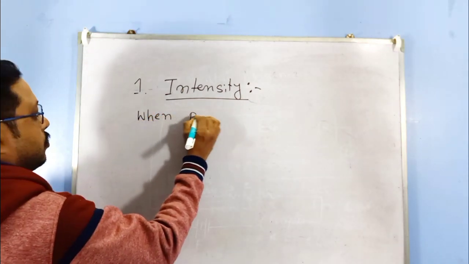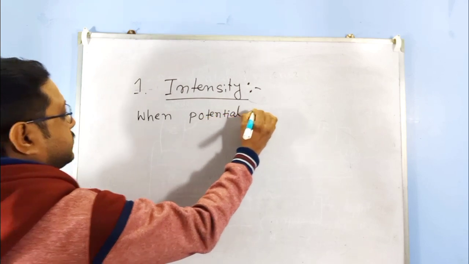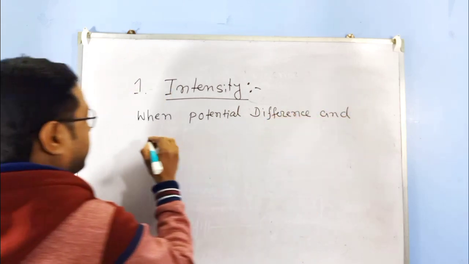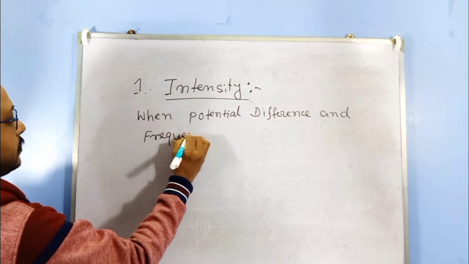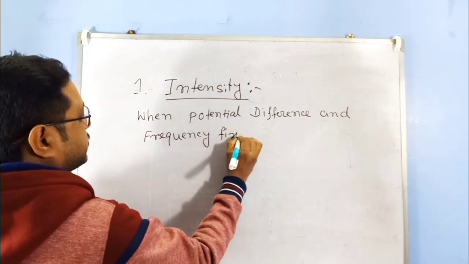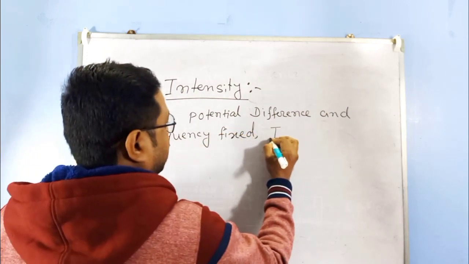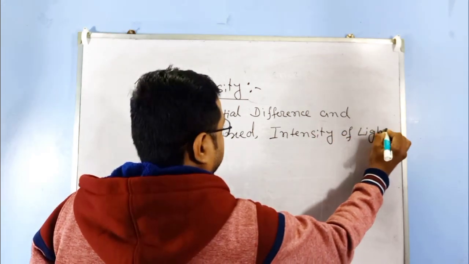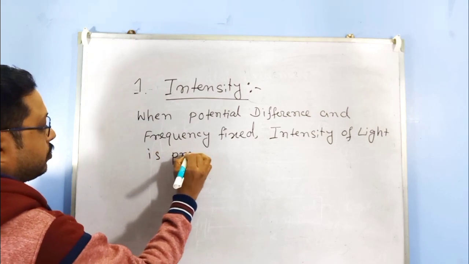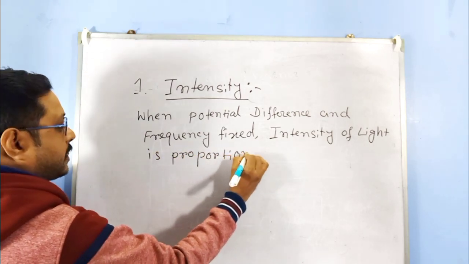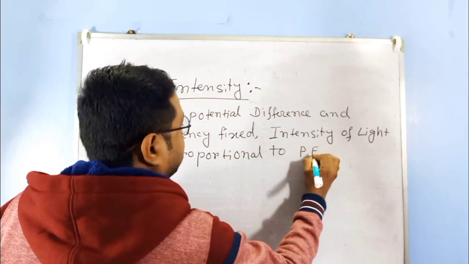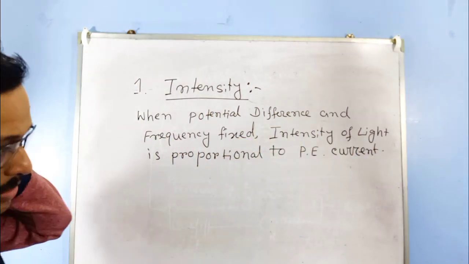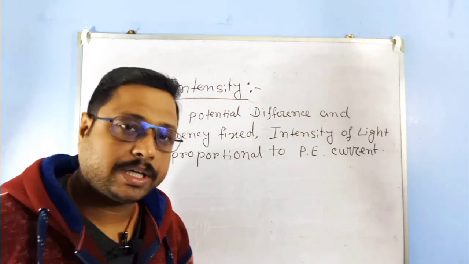When the potential difference and frequency of incident radiation are fixed, then the intensity of light is proportional to the photoelectric current.